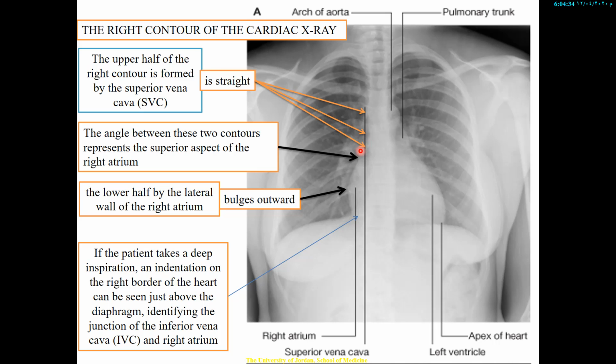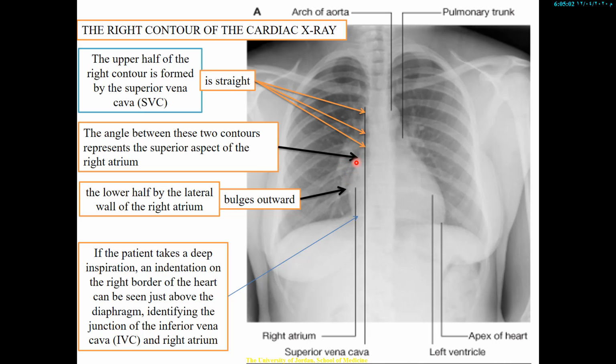Here is the right atrium, and we did mention that the right border of the heart is made completely by the right atrium, as the right ventricle, during the rotation of the heart, became almost anterior.